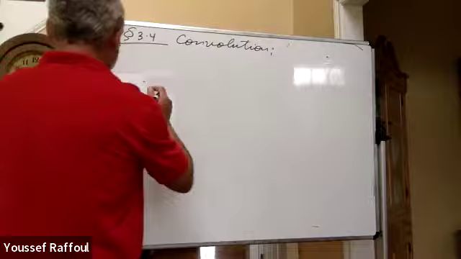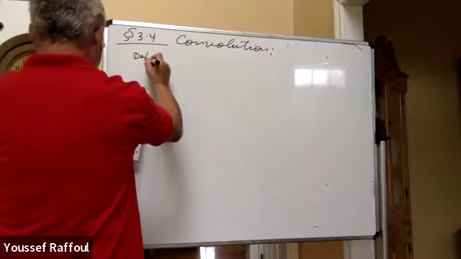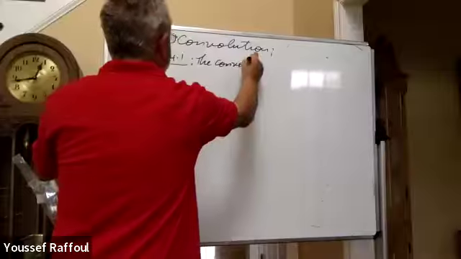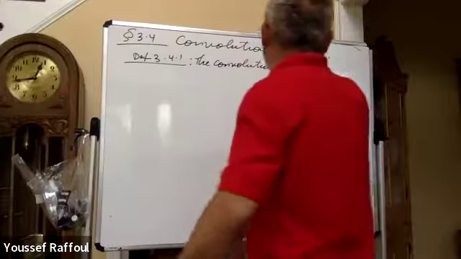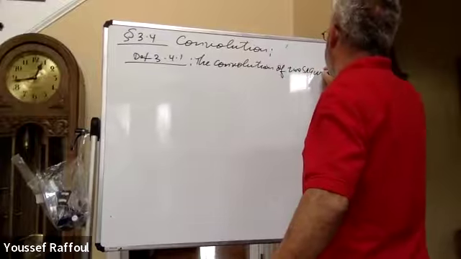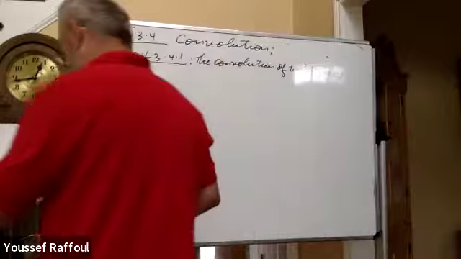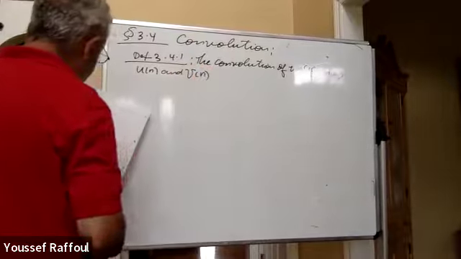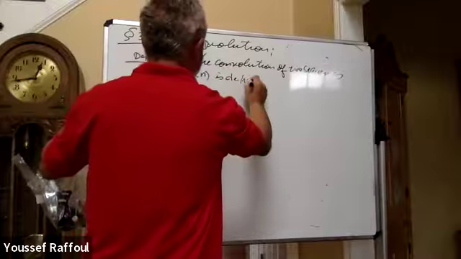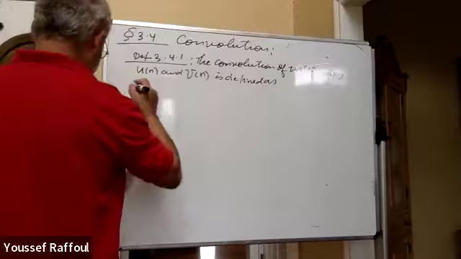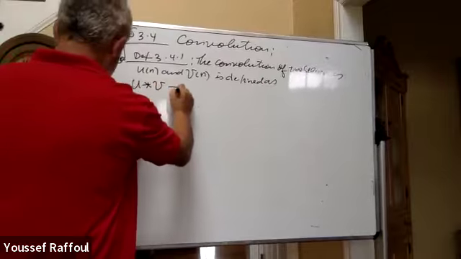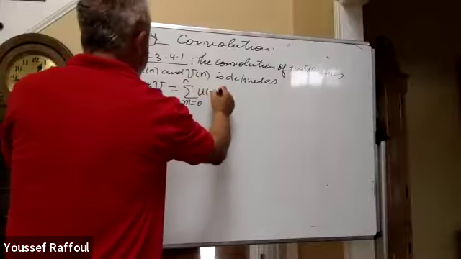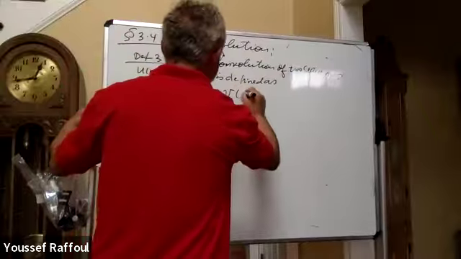All right. Definition 3.4.1. The convolution of two sequences un and vn is defined as follows: u star v is given by the sum for m equals 0 to n of um times v n minus m.